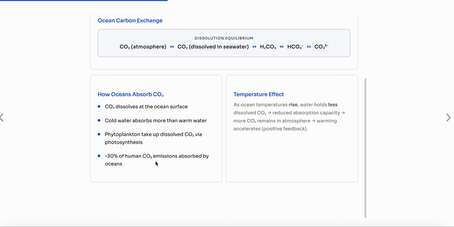If ocean temperature rises, water holds less, because warm water has less capacity to hold gas. So it reduces the absorption capacity, and because of that more carbon dioxide remains in the atmosphere, and that will increase the temperature. So this is a kind of positive feedback loop which is forming.